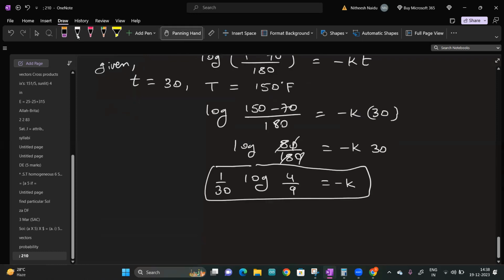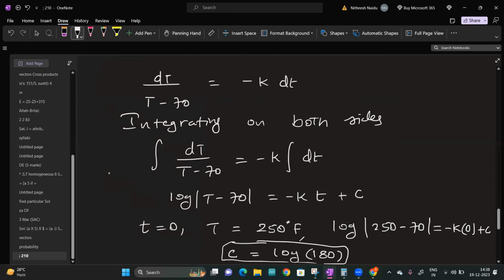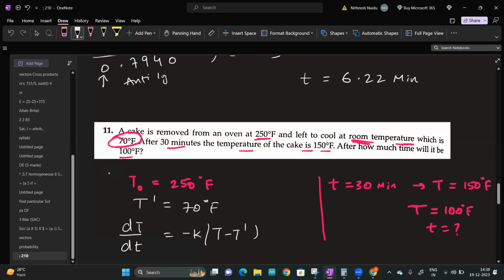Now the complete equation is, tell me, log mod of T minus what is the room temperature? 70 degrees.